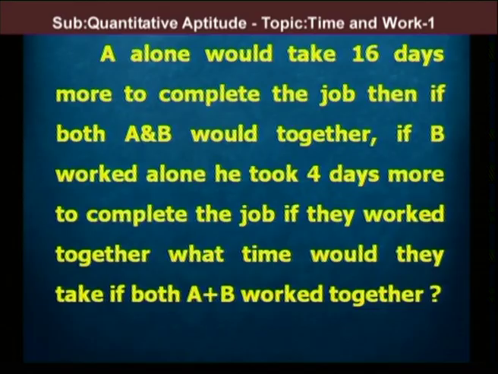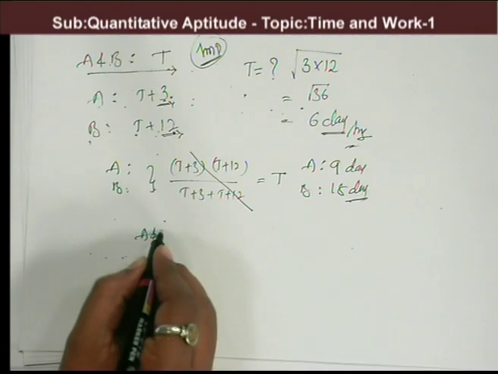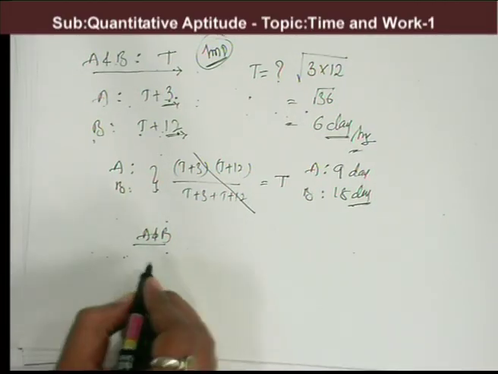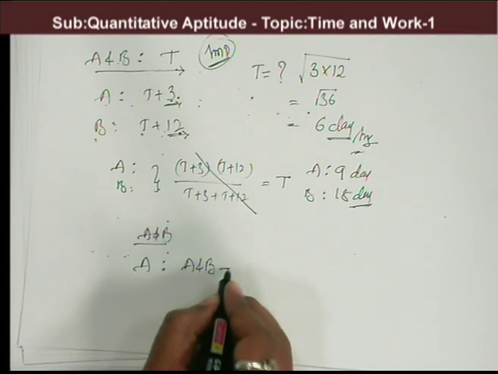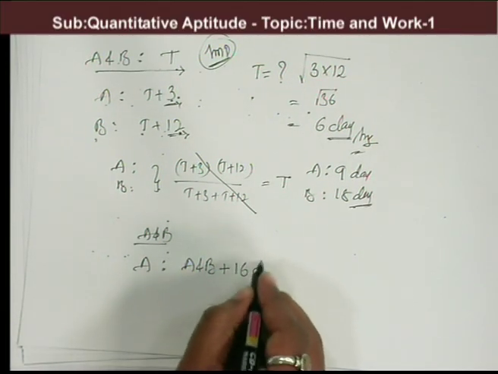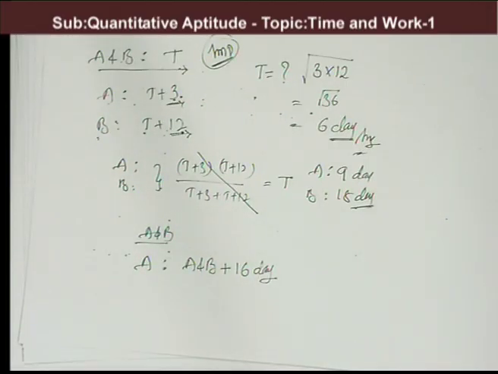A alone would take 16 days more to complete the job than if A and B worked together. For example, if A and B take 10 days, A takes 10 plus 16 days. If A and B take 12 days, A takes 12 plus 16 days. If A and B take x days, A takes x plus 16 days.